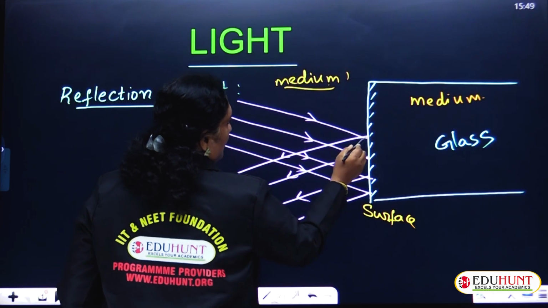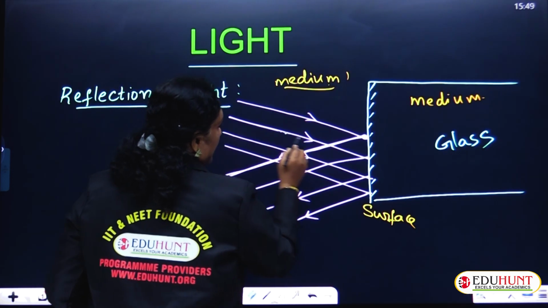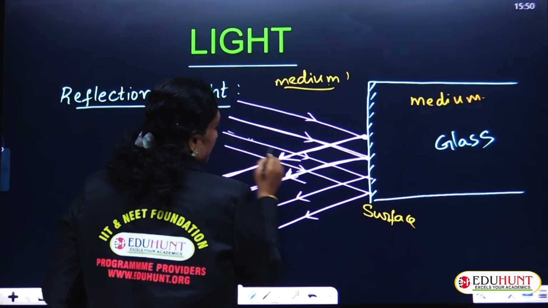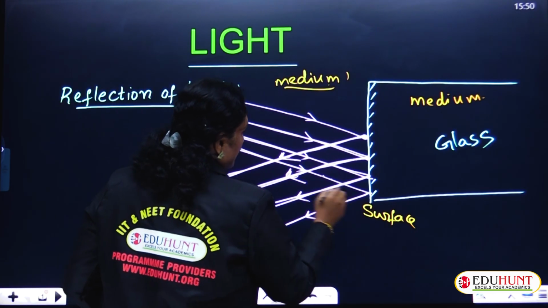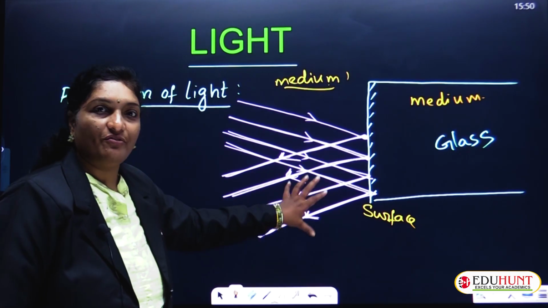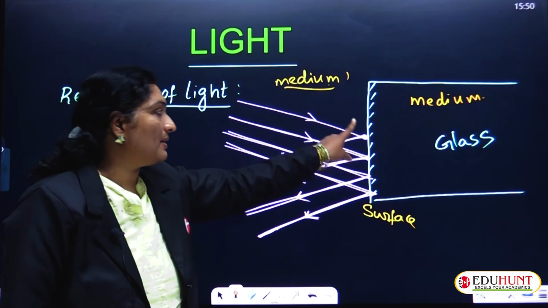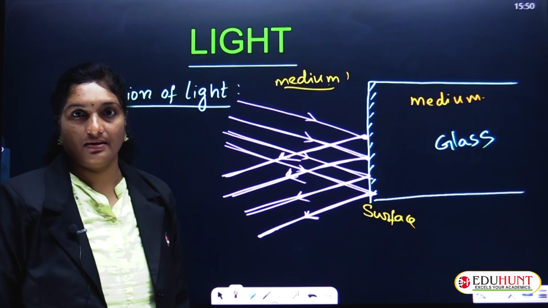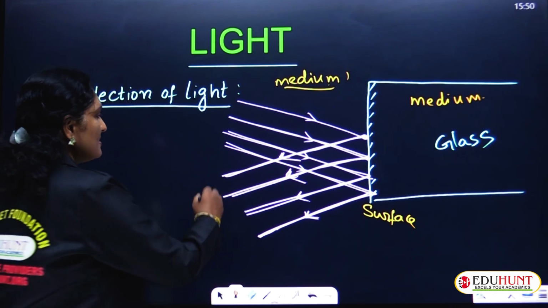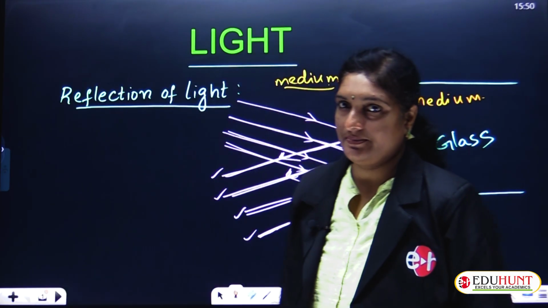This light ray falling here again returns back to the same medium. This light ray falling here on the surface returns back to the same medium. Third light ray and fourth light ray as shown. So the portion of light which returns back to the same medium after striking the surface is called reflected light ray. So these rays are called your reflected light rays.